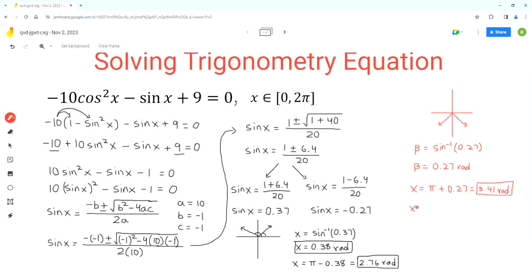And for the fourth solution in quadrant 4, we'll do 2 pi minus 0.27. And I got 6.01 radians. So this is the fourth solution. So this equation in total has 4 solutions in the given interval 0 to 2 pi.